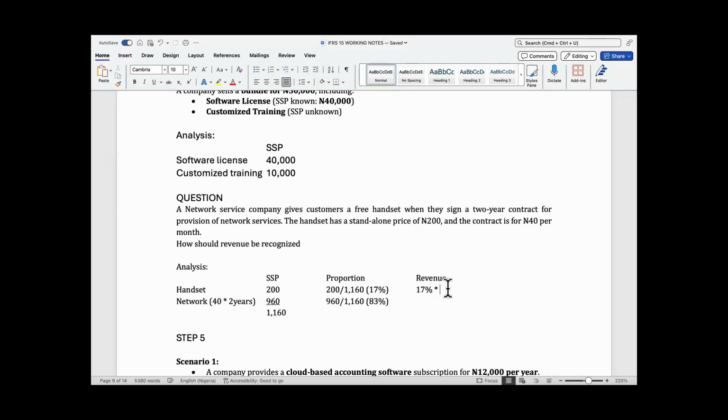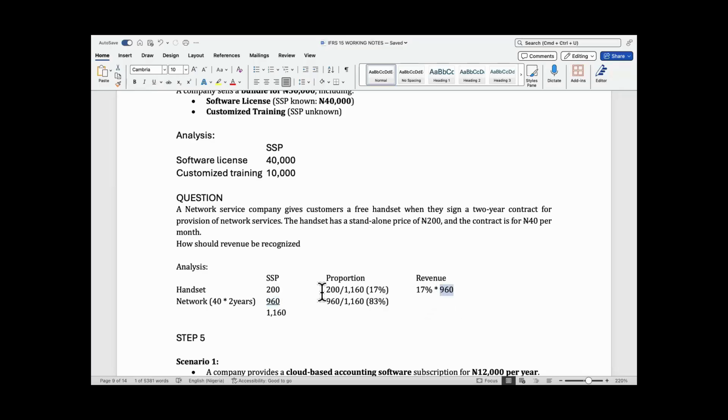So how much are you collecting exactly? What's the consideration there? How much are you going to get? You're only going to get money from the network service. They are giving the handset for free. So the revenue is actually the 960. This 960 is what you're sharing as revenue.